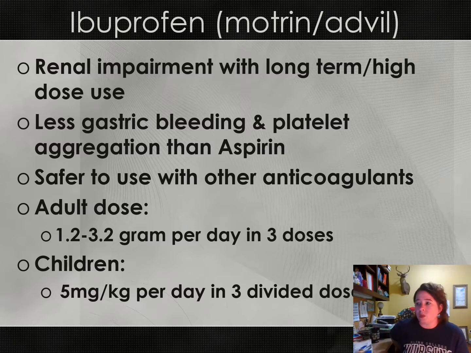With this medication, we do see less gastric bleeding and platelet aggregation than with aspirin per se, but more than what we would see with the COX-2 inhibitor. We can use this one with some other anticoagulants, but you got to be careful. The higher the dose of ibuprofen goes, the more the anticoagulant is going to be affected. So for an occasional, oh, I have a headache, or oh, I bumped this, that's fine.